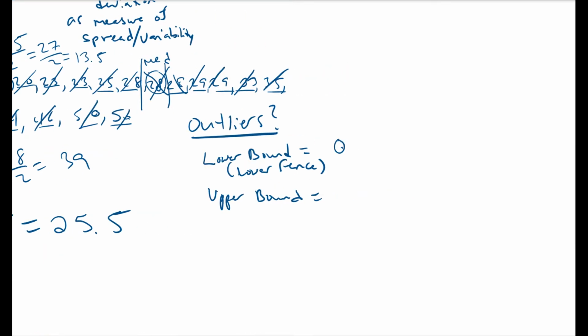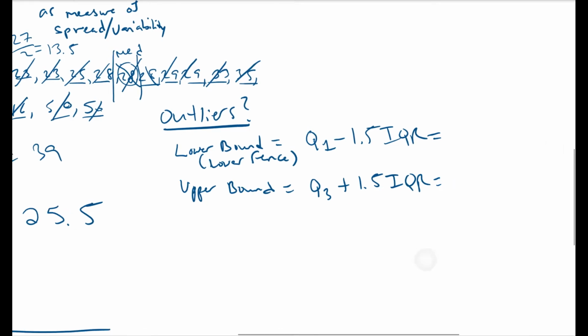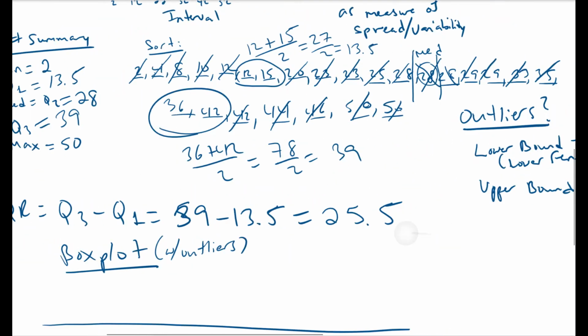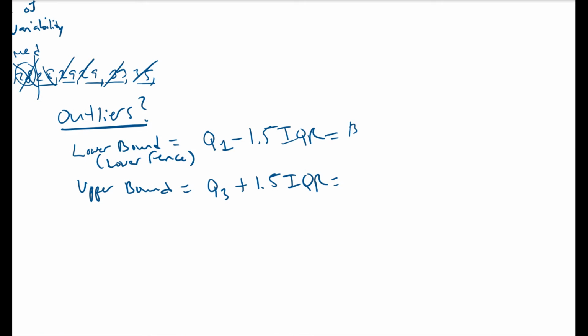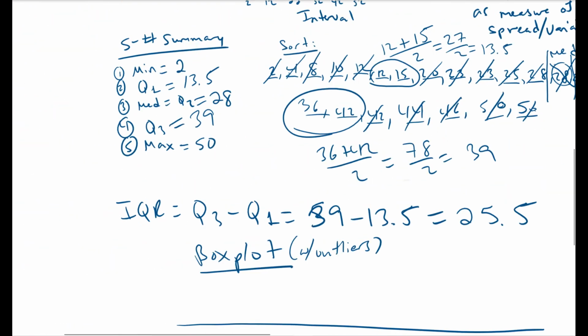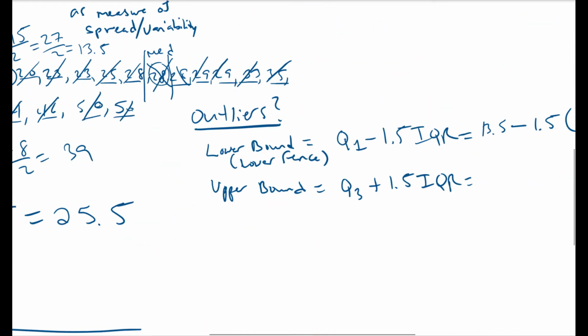So this is the first quartile, take away 1.5 IQR. And then the upper bound is the third quartile, add 1.5 IQR. So our first quartile, we said was 13.5, so 13.5 minus 1.5 times our IQR was 25.5.